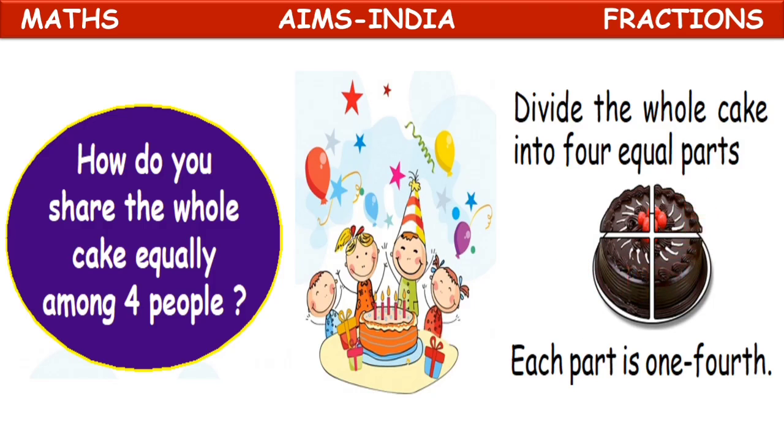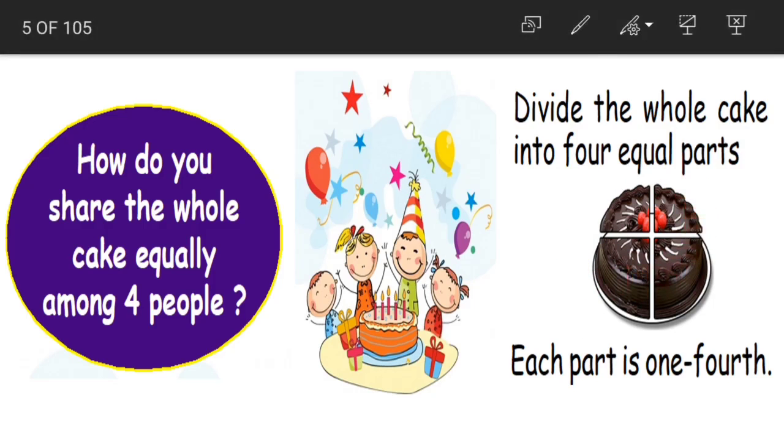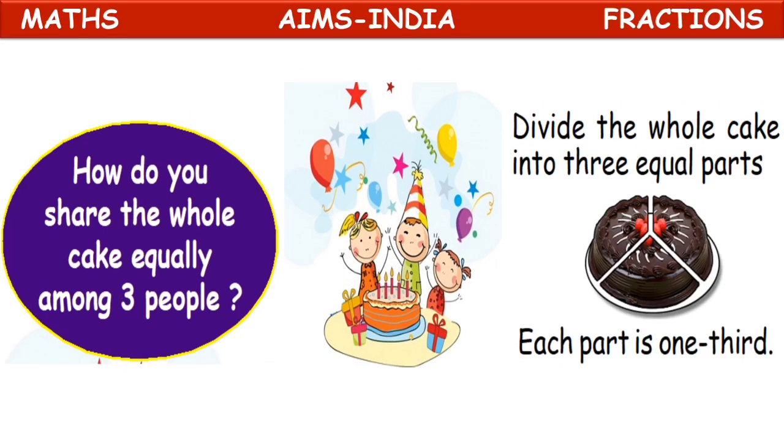Each part is 1/4. There are four parts and each part is called 1/4. It is only one of the four parts, yes or no? So it is called 1/4. Here it is only one of the given three parts, so it is called 1/3.